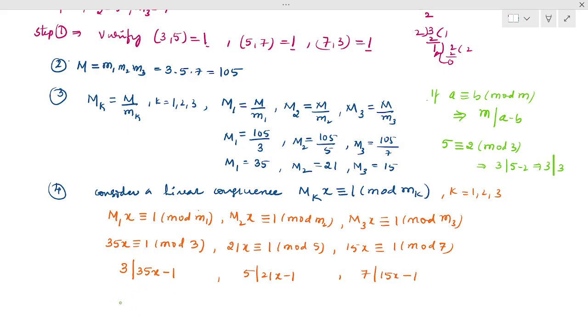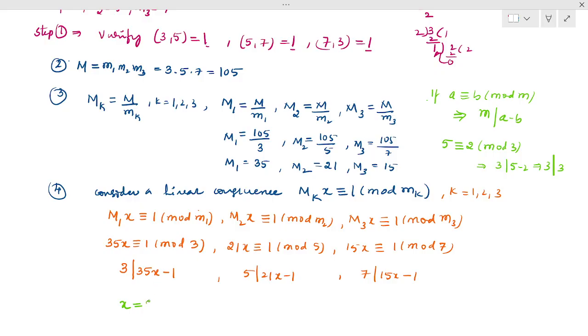So now tell me what is the value of x here. For what value of x does 3 divide this total value? By taking x is equal to 1, 35 into 1, 35 minus 1 is 34. 3 never divides 34. So let us take x equal to 2. 35 times 2 is 70, 70 minus 1 is 69. Definitely 3 divides 69.